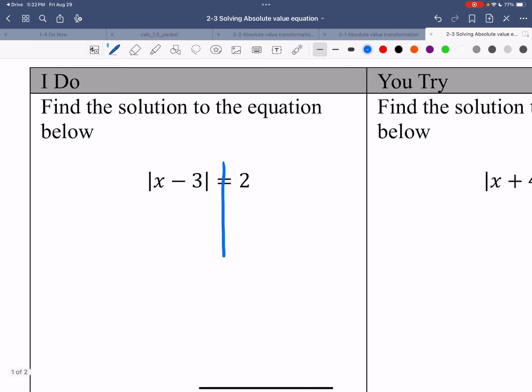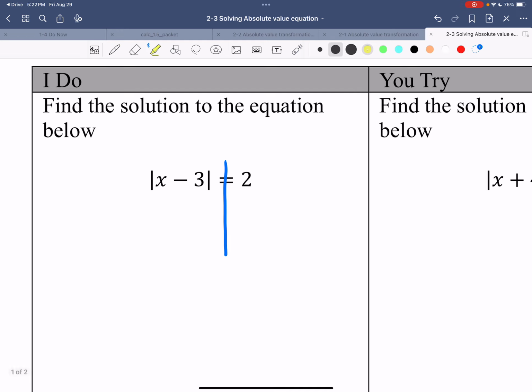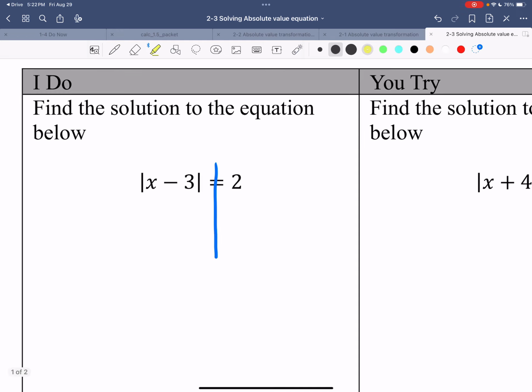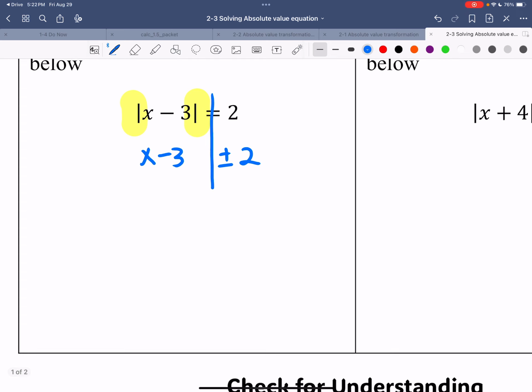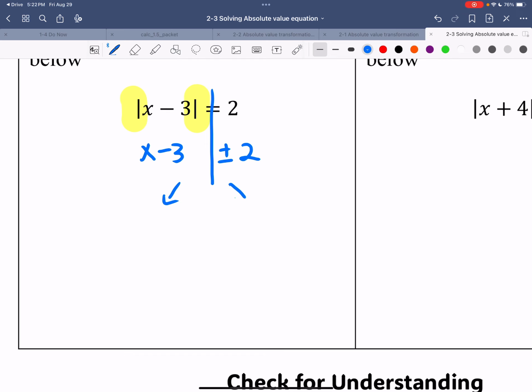So let's do this. Just like algebra, we want to find the solution. You have to do everything in the opposite direction. So first, we are going to get rid of this absolute value bracket. When you get rid of this, we will be left with a positive and negative 2. That's a positive and negative sign, which means you're going to rewrite this as x minus 3 equals positive 2.